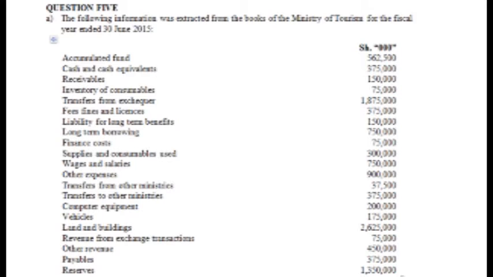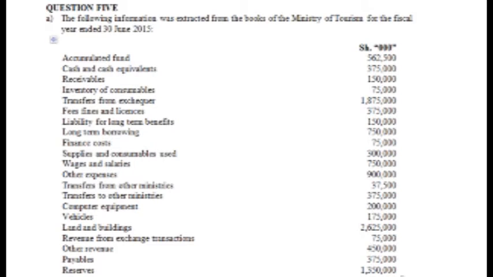Liability for long-term benefits, that's a current liability and non-current liability. Long-term borrowing, non-current liability. Finance costs, that's an expense. Supplies and consumables used, that's an expense. Wages and salaries is an expense. Other expenses is an expense. Transfers from other ministries, that is an income.